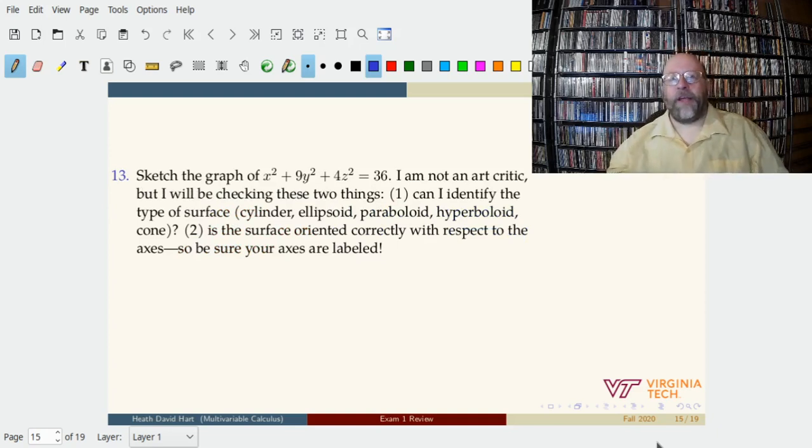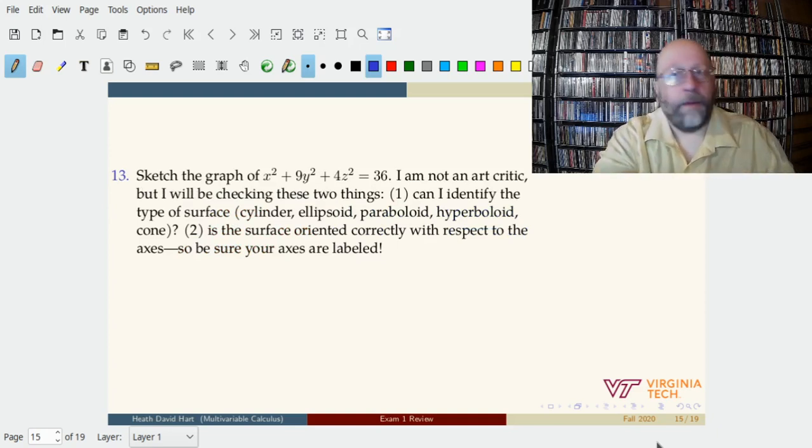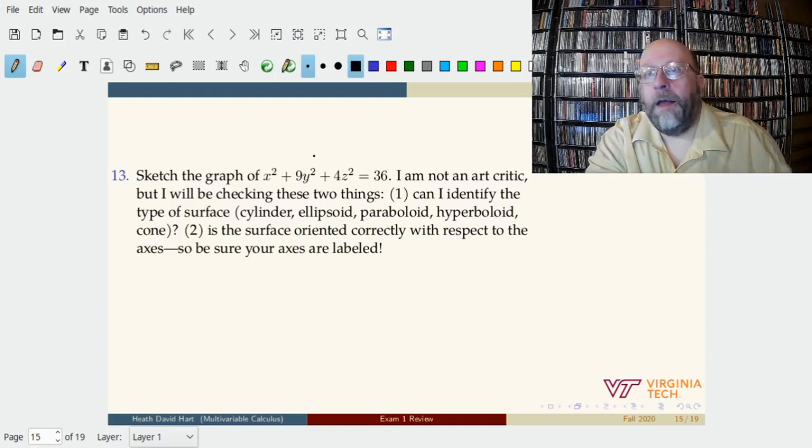Number 13. Let's sketch this graph. So first thing I would try to do, once I have established that this is not a problem in which there's a missing variable or a missing square term, so this is not a paraboloid, this is not a cylinder, let's try to find the intercepts. So we have intercepts for each axis.